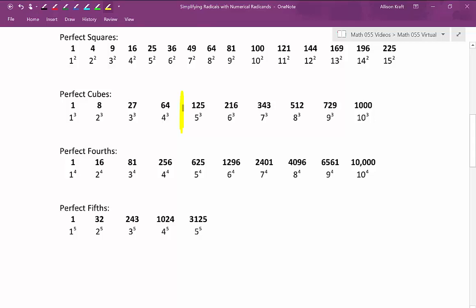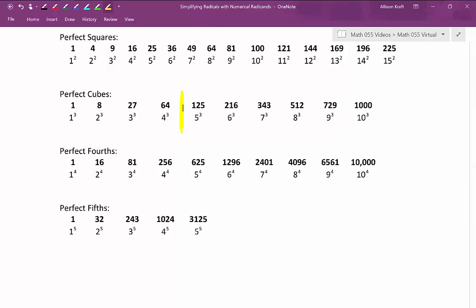So we want to check every perfect cube from that point smaller to see if it's a factor of 162. And you'll just want to use your calculator for this. 162 divided by 64, I don't get a whole number. So 64 is not a factor.